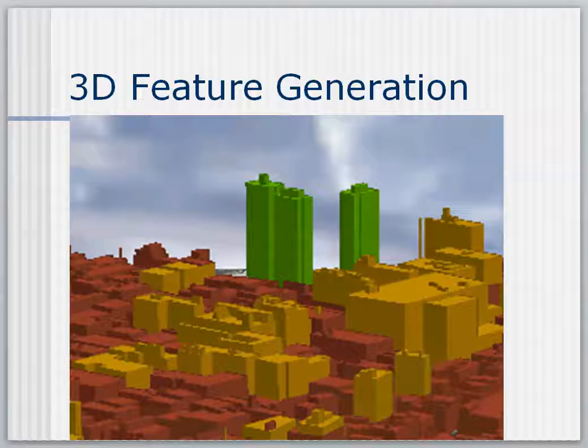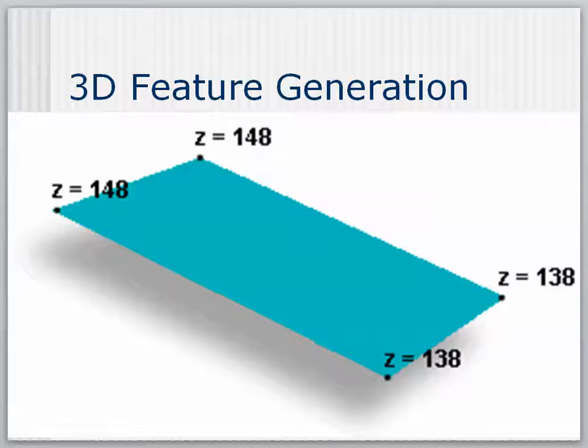Now, when it comes to 3D feature generation, actually creating artificial objects that are going to be put on the landscape, like you see the city right here, it's actually a pretty straightforward method. What happens is you get a polygon, let's just stick with that, please.